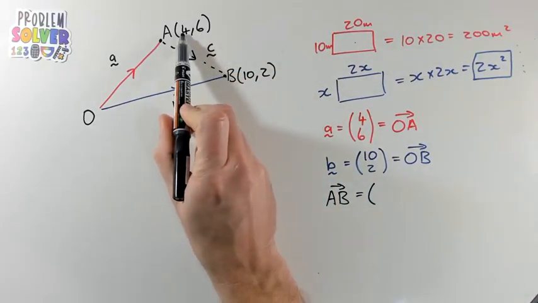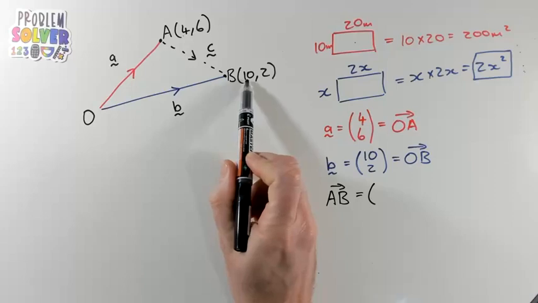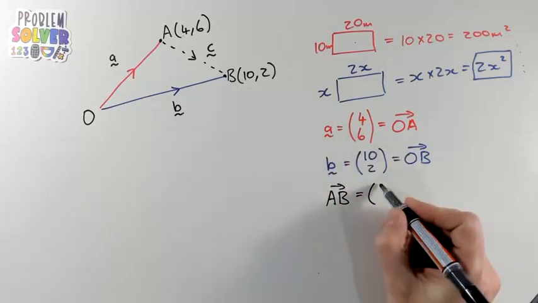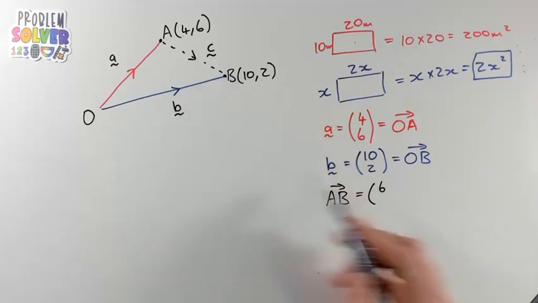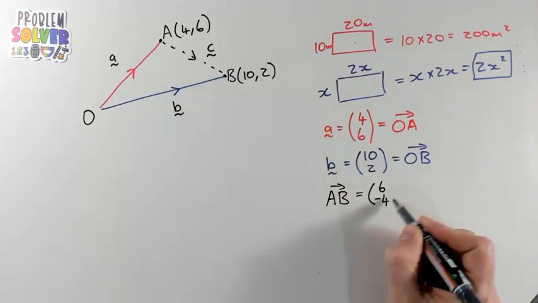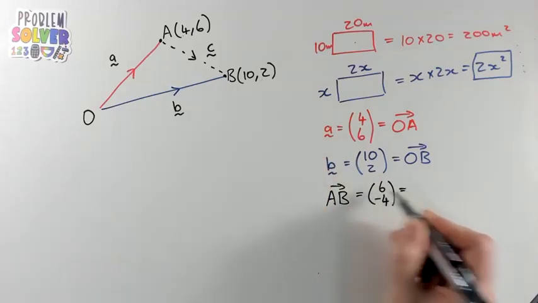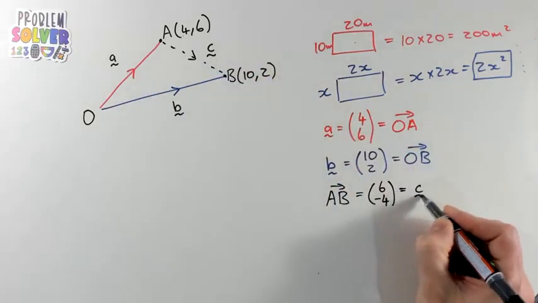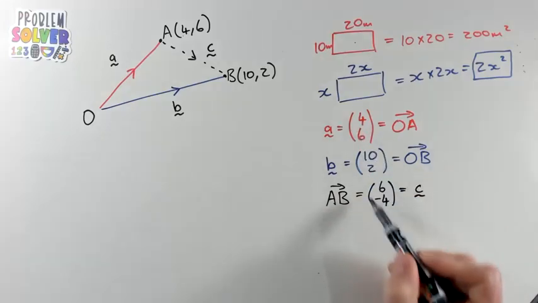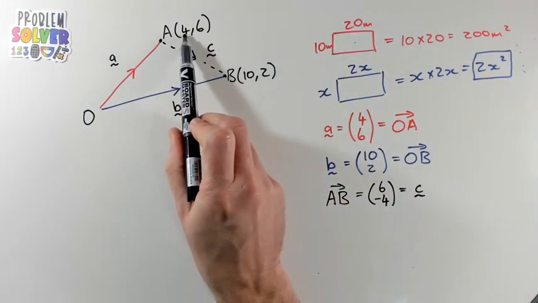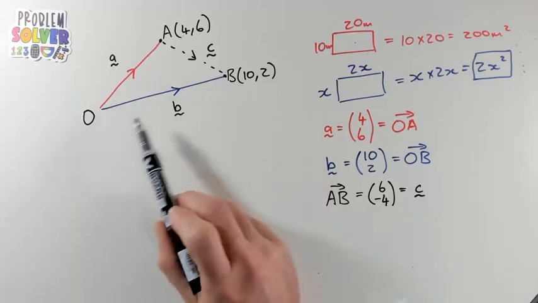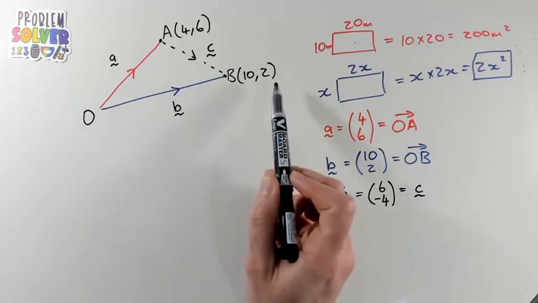Because I went from 4 to 10, so I moved forward by 6, and I went from 6 down to 2, so I went 4 down, so minus 4. I could do this from A to B directly because I have the coordinates for A and B, and there was nothing weird about it.